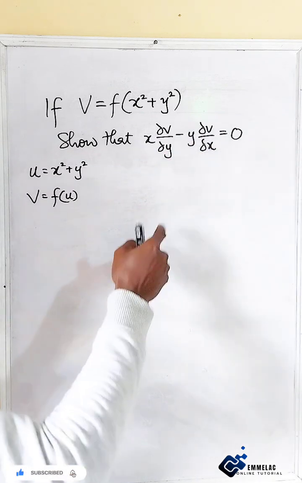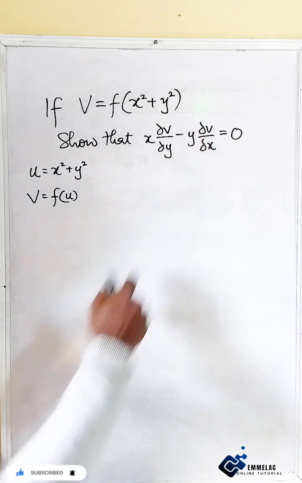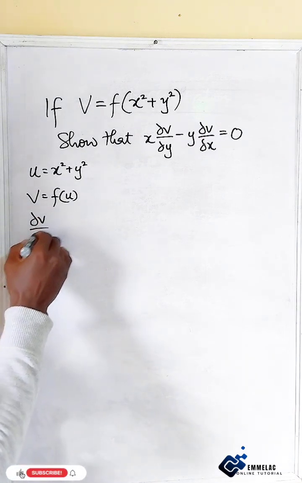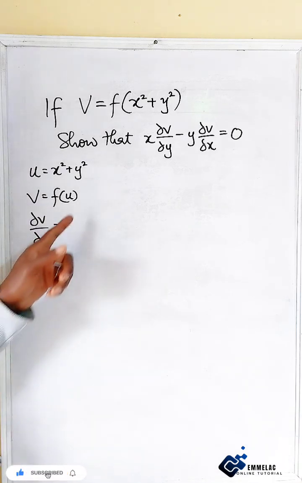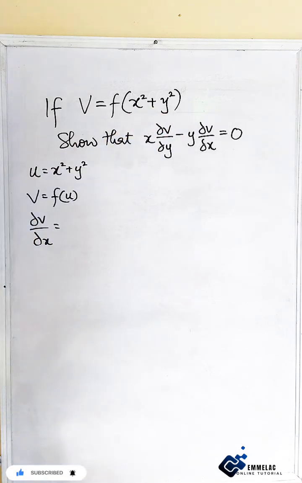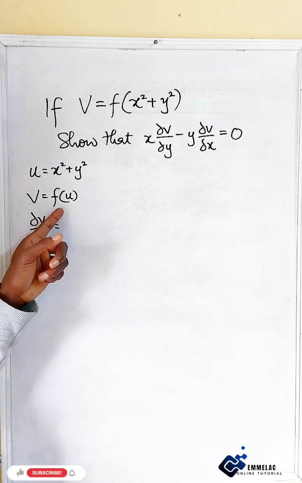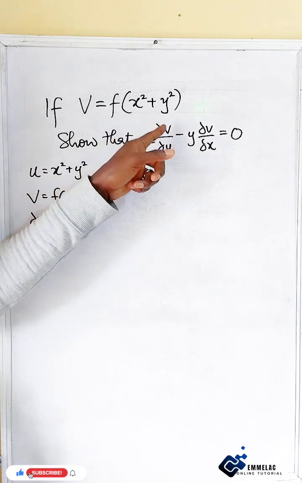Now, here is the proof that we need to show equals 0. First of all, let us sort out the derivative of v with respect to x. Since v is a function of u and u is a function of x and y, we need to find the derivative of the function with respect to the variables, that is x and y.